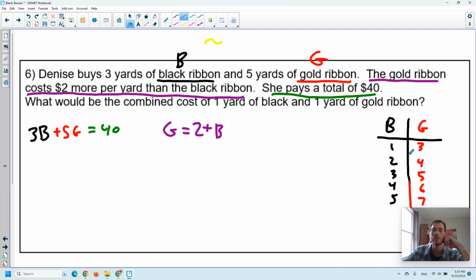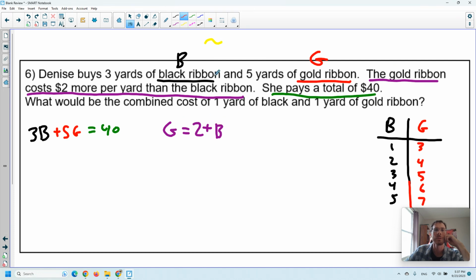All right. Does my equation make sense? 3 equals 2 plus 1. Okay. 4 equals 2 plus 2. Okay. 5 equals 2 plus 3. Okay. So not everybody will be able to go from the equation first. Some people might have to make a little table or think about it before they get to the equation. Depends on where you're at.